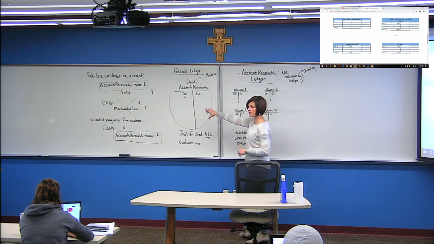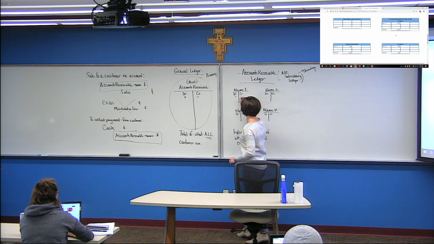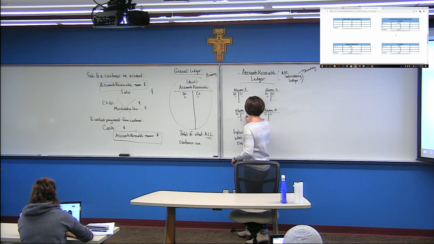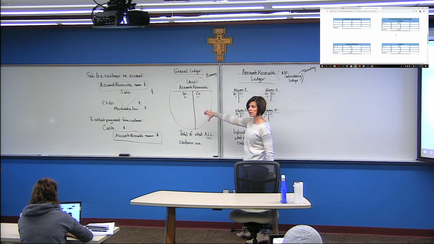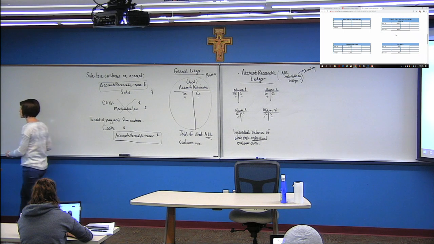If all this is a breakdown of this, what makes the most sense? What should these normal balances be as well? They're all the same, right? When I add all these up, they're going to add up to this. Therefore, they all have the same normal balances. It's just a breakdown of accounts receivable.